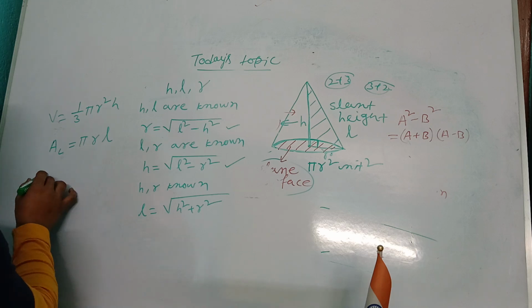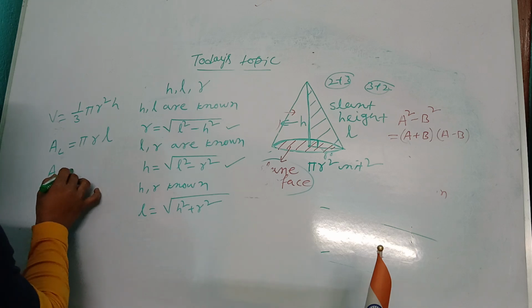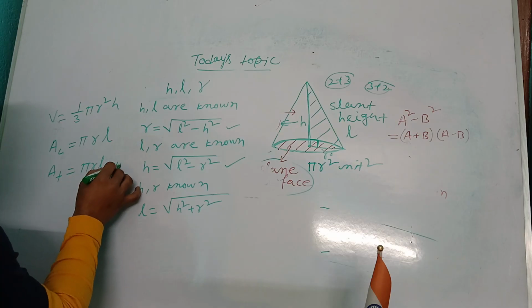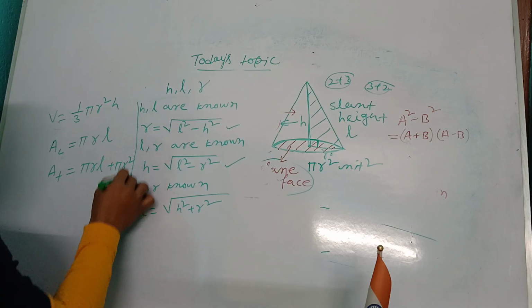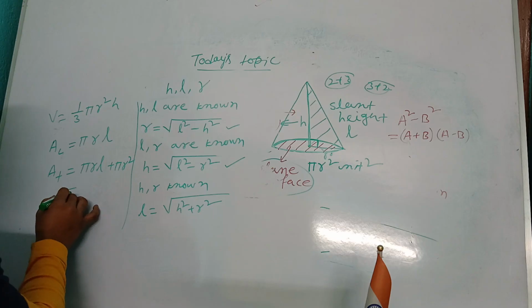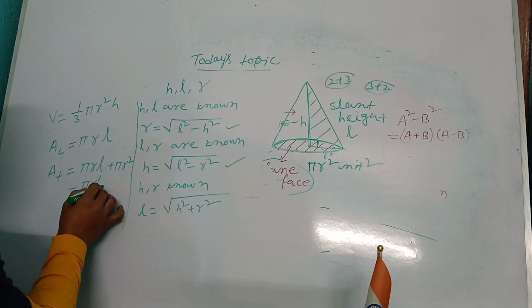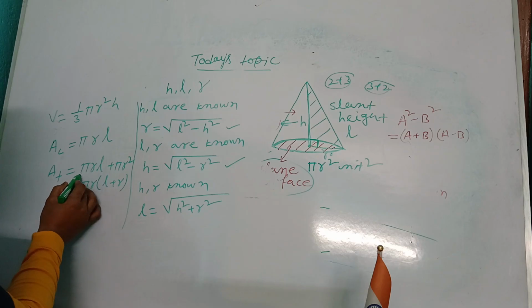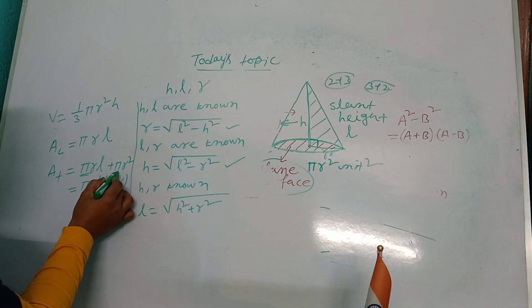Next one, total area. Total area is equal to pi r l plus pi r square, and it can be written as pi r into l plus r. Why? Because from here I am taking pi r common, and from here also pi r common.